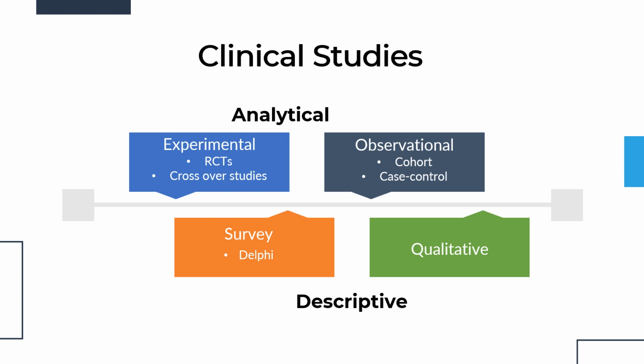In terms of descriptive studies, you have surveys. These could take the form of patient surveys, professional surveys, or Delphi exercises. And the Delphi methodology is a way of synthesizing expert group opinion.